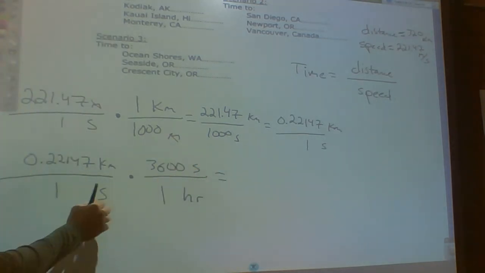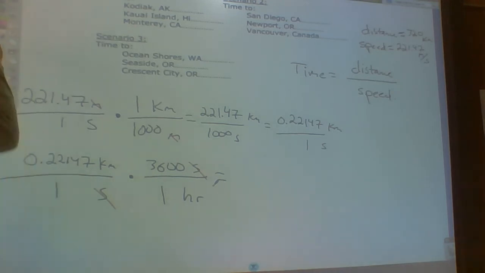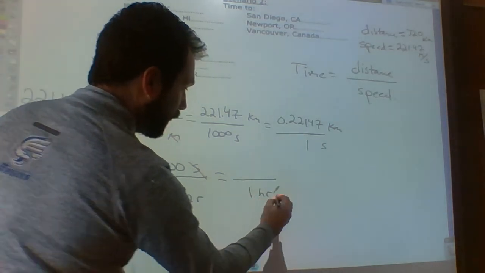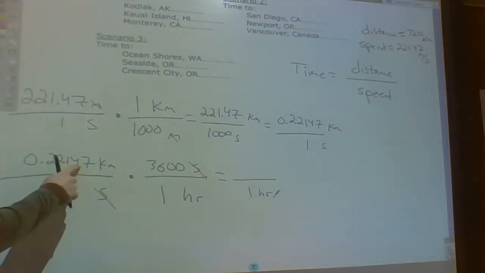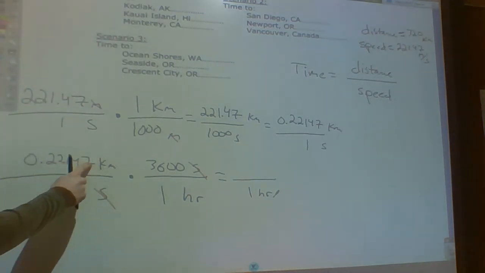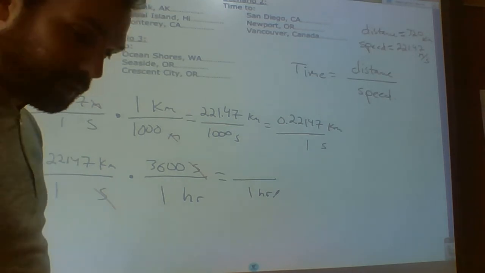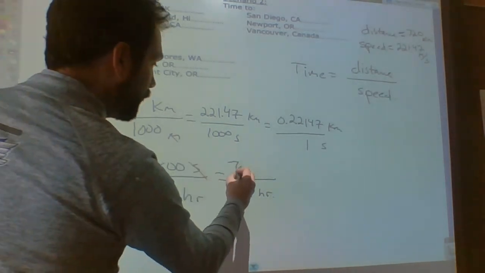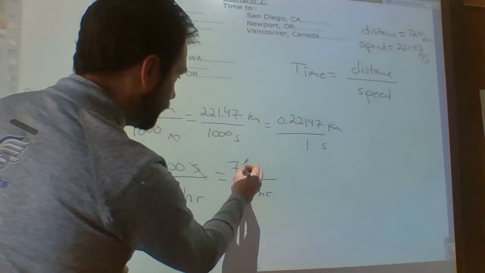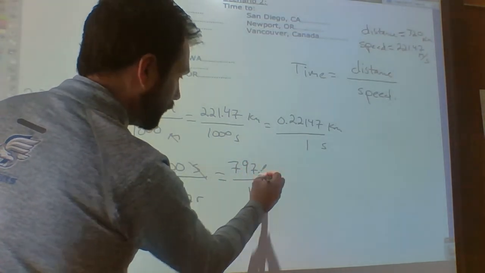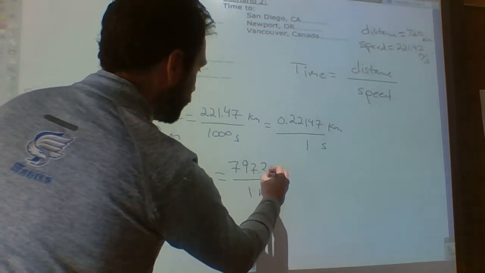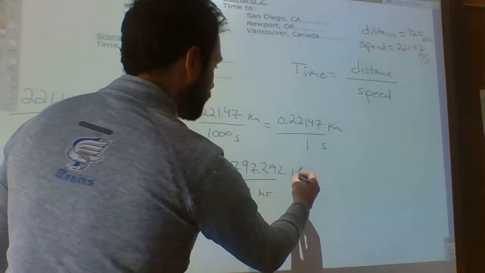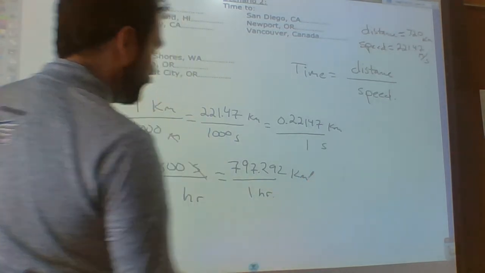So seconds divided by seconds cancels. 1 times 1 on the bottom. Now we're in hours. Up top, 0.22147 times 3,600 is 797.292 kilometers per hour.